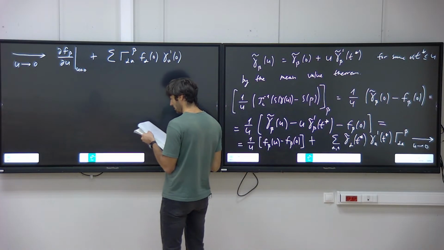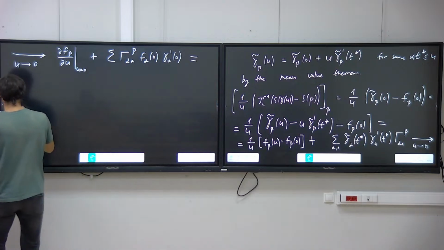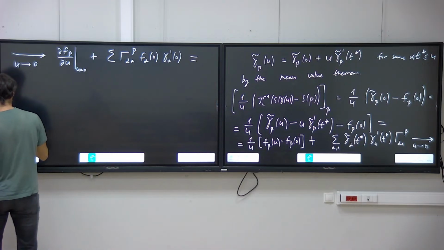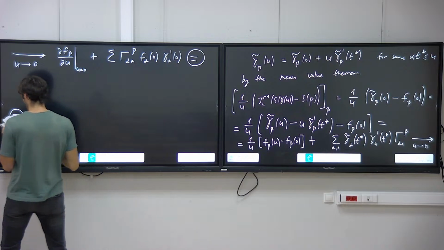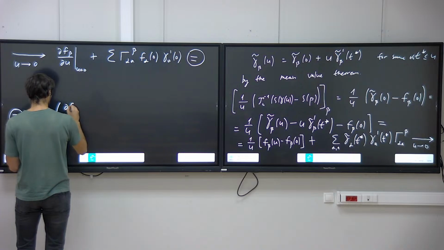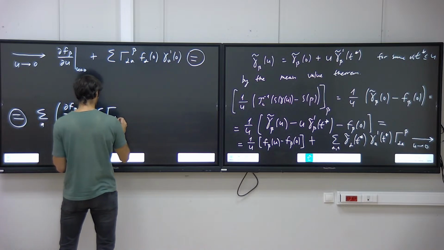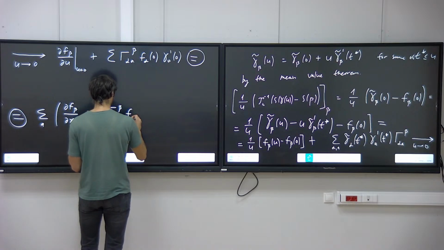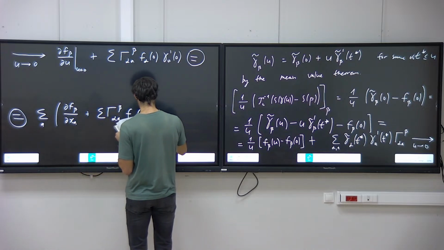All right. So I claim that this can be rewritten as follows. Sum over a, and then df beta over dxa plus sum gamma alpha a in beta f alpha of 0, and then dxa.